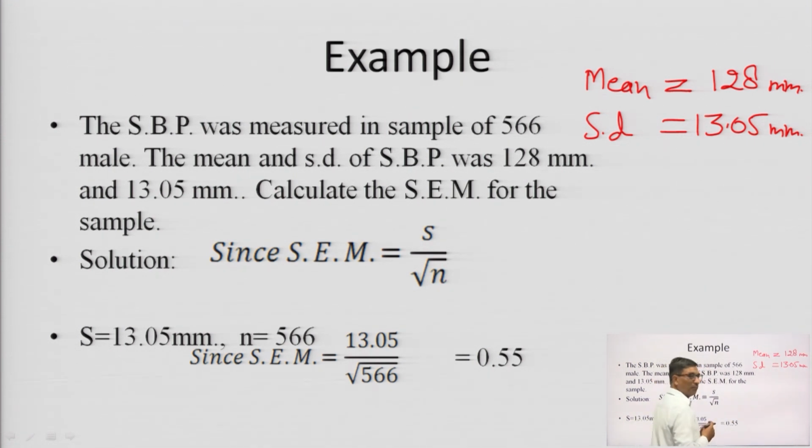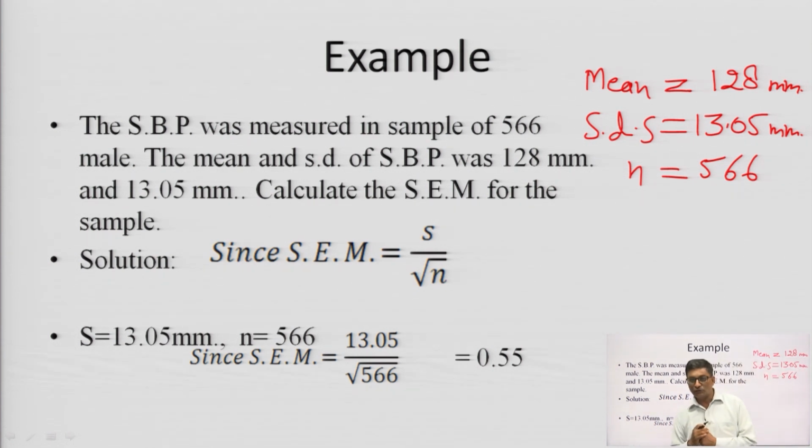Now, for standard error of mean, we have the formula s by root n, where s is the standard deviation and n is the sample size. Here n is the sample size, 566 males.